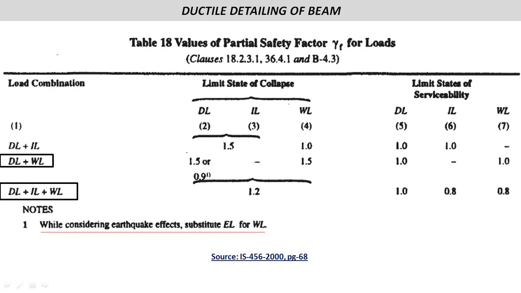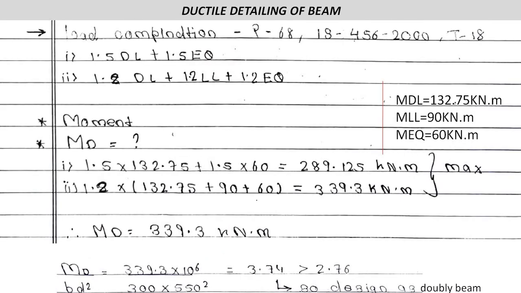For the dead load plus earthquake load we will use the limit state of collapse factor as 1.5, and for the second load combination we will use the limit state of collapse factor as 1.2. So we have made the load combinations: 1.5 into dead load plus 1.5 into earthquake load, and second, 1.2 dead load plus 1.2 live load plus 1.2 earthquake load. These combinations are for the moment.